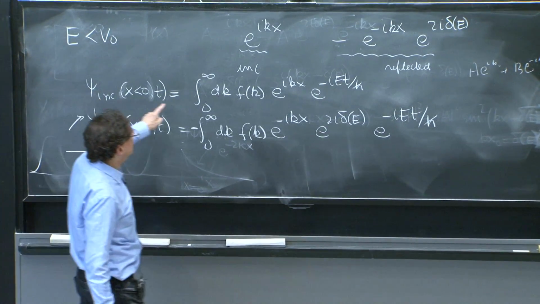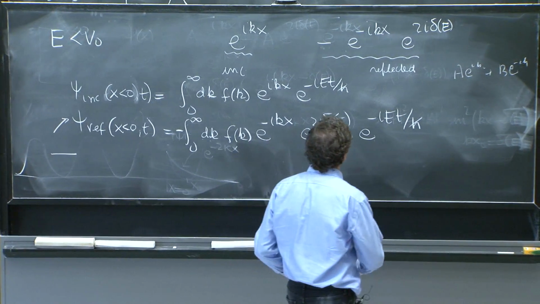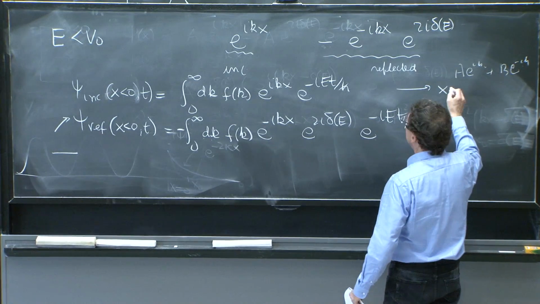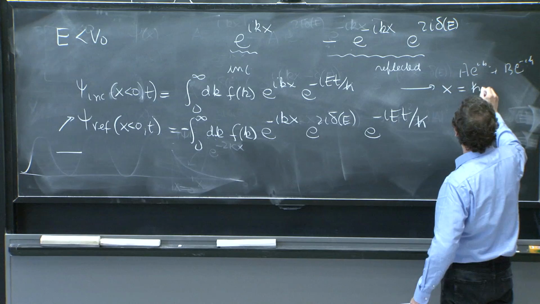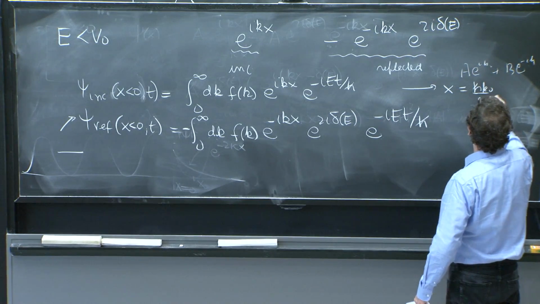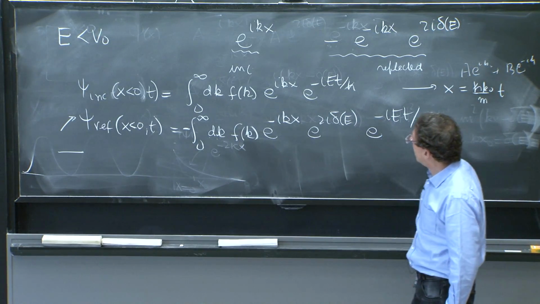Let's see how it moves. We know how the incident moves. The incident moves with x equals, we've done it there, h bar k naught over m t. But how about this one?